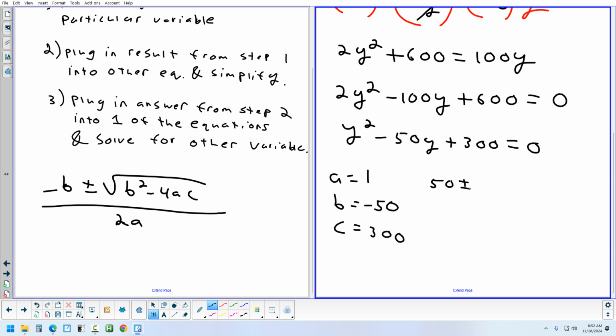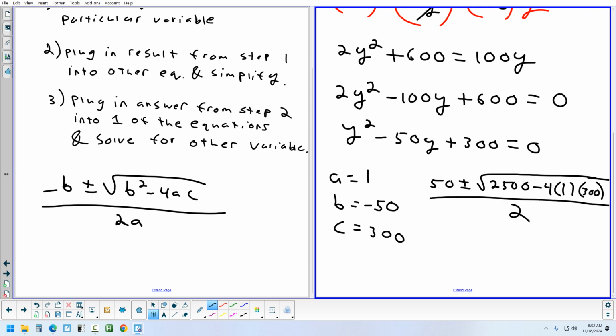How much is that? 2,500. Yeah, it's like 5 squared with 2 more zeros. So 2,500 minus 4 times A times C. Well, A is 1. And what's C? 300. 300. And we're going to divide by 2.